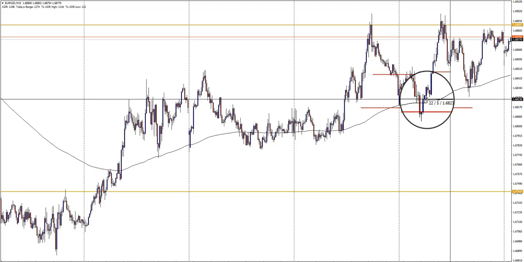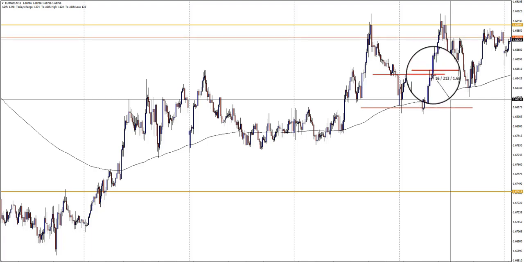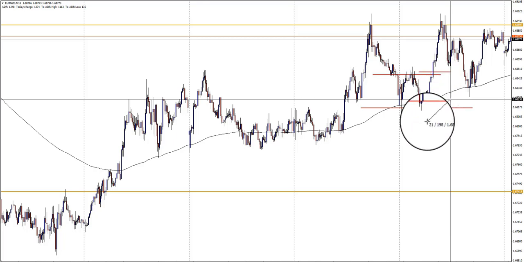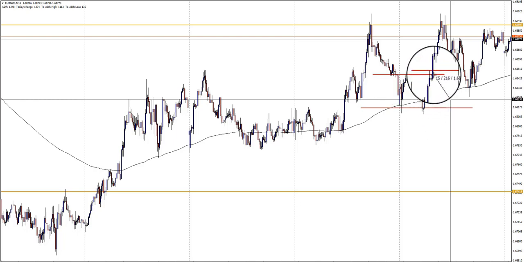So if I was using one standard lot, right, and price gets to this point, I'm closing half of my position. So now I have 0.5 lots open, right? And if price goes down, I'm now losing half of what I originally would have lost, and less of what I would have actually taken in profit, right?